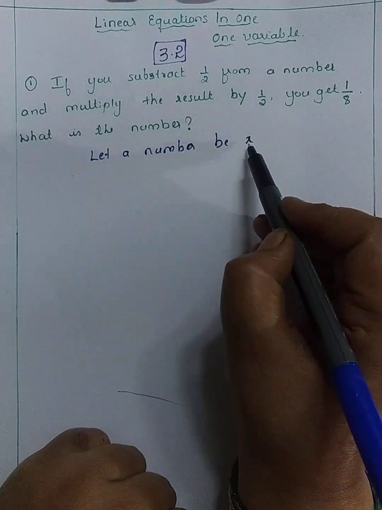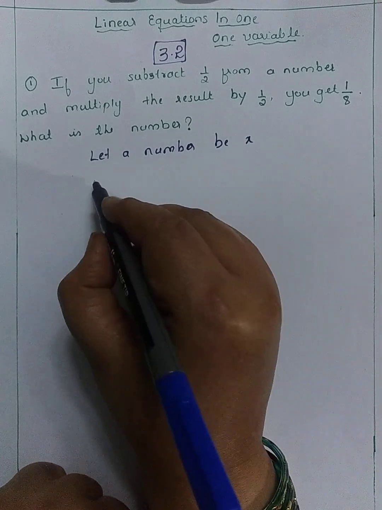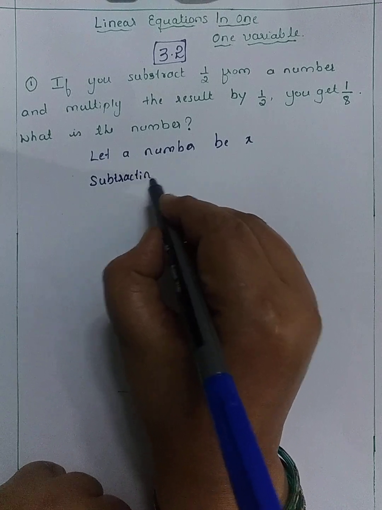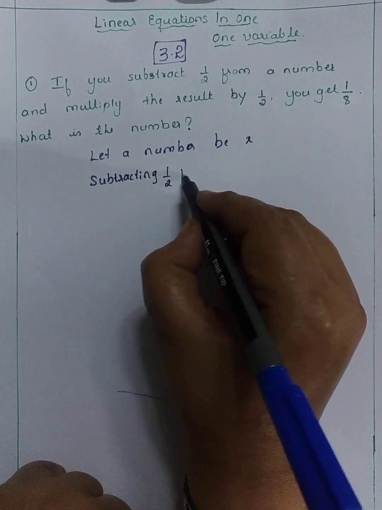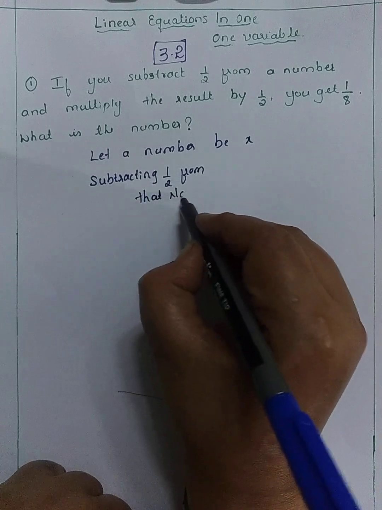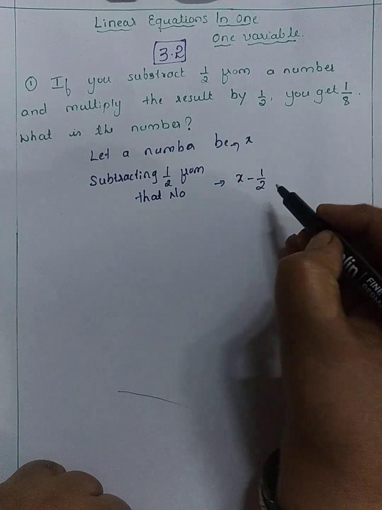What is the number? x. So you have to subtract 1 by 2 from this number. That is, the next step is subtracting 1 by 2 from that number. It will be x minus 1 by 2.